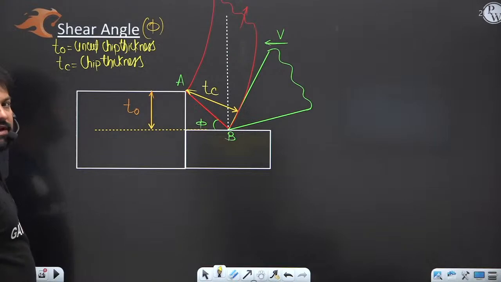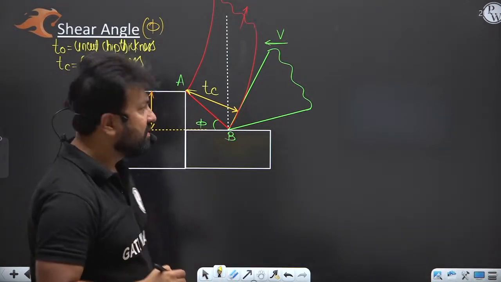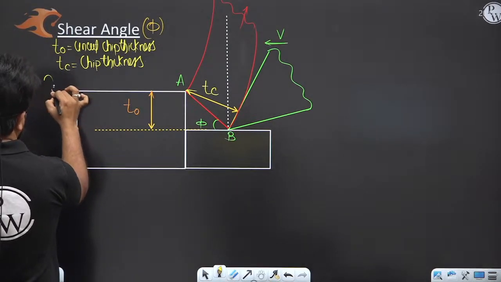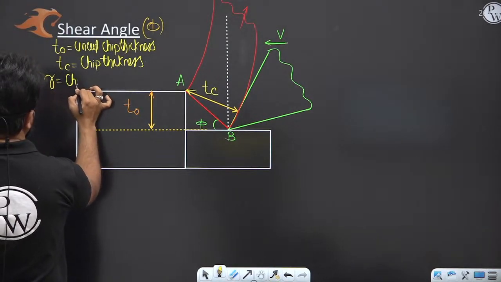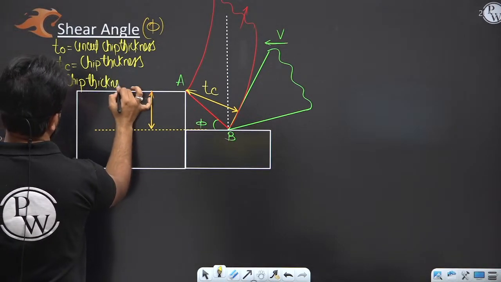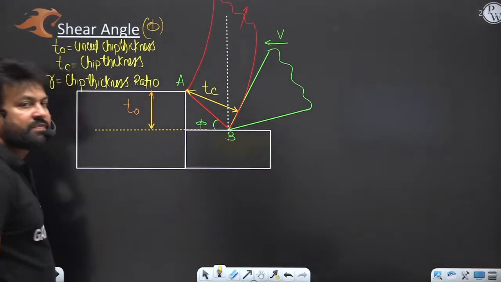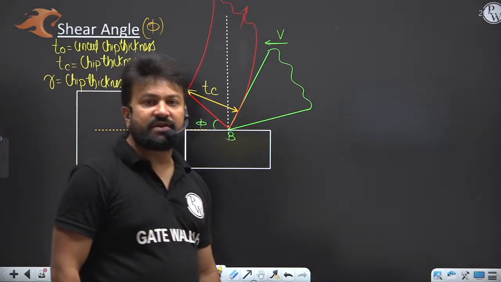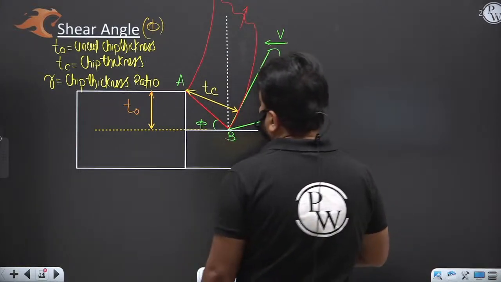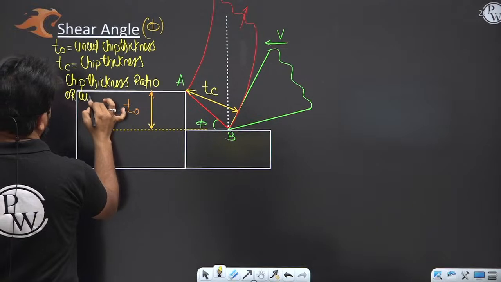Now, in the shear angle analysis, there is r, which is called the chip thickness ratio, or sometimes we call it the cutting ratio.